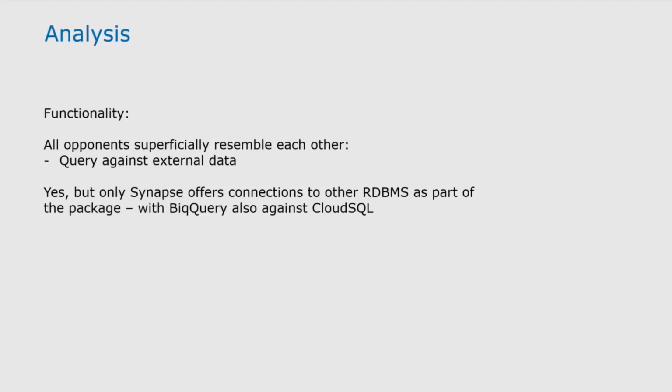So you can actually start to replace some of what you have with Denodo or TIBCO using Synapse. BigQuery also has a connector to Cloud SQL, whereas Snowflake and Redshift only have queries against the data lake. And Redshift Spectrum also is priced per query, so that gives another complexity to the pricing model.